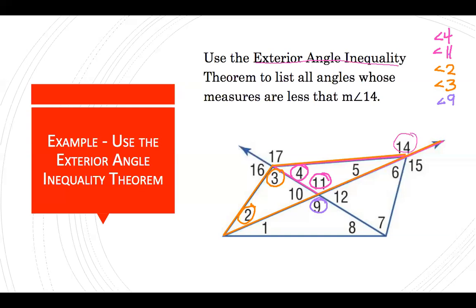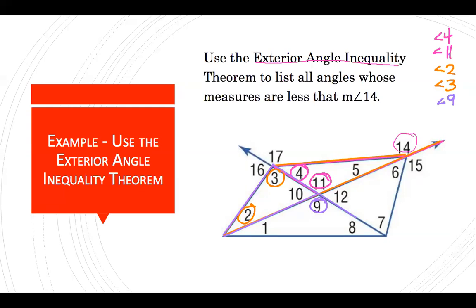Then angle number 9 is the exterior angle for 2 triangles. The first triangle that angle number 9 is the exterior angle for, I'm going to do in purple. That's going to be this triangle, right? But it's the exterior angle. So that means that 2 and 3 are less than 9, right?